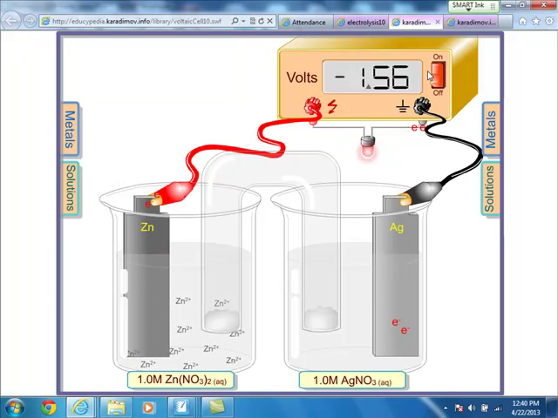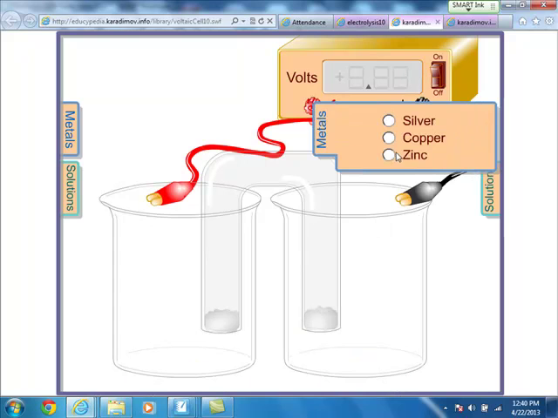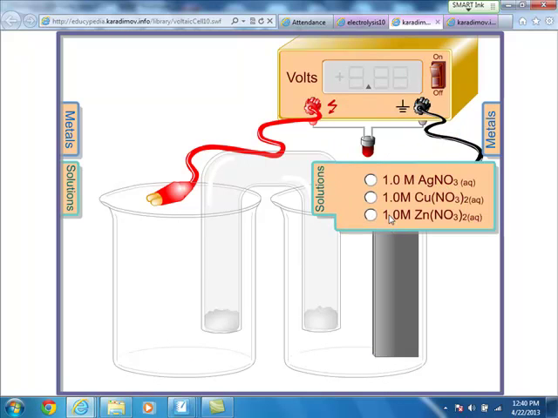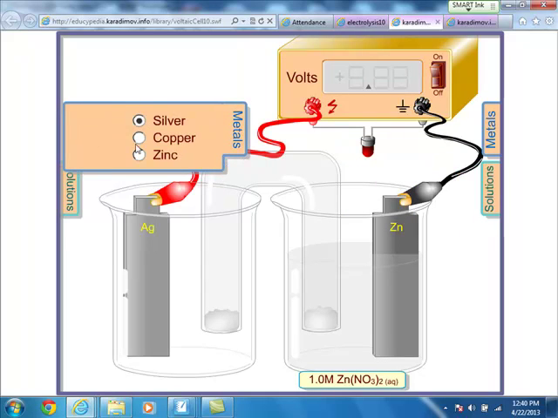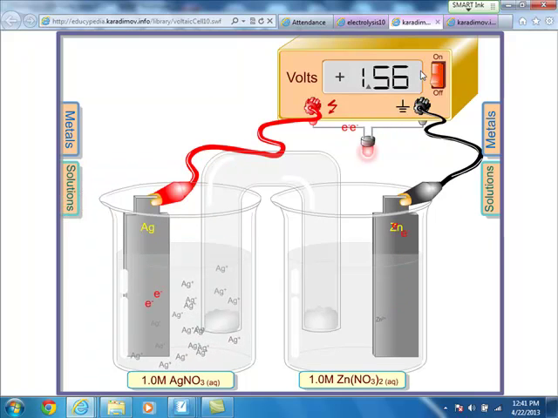Why is it negative? Why is it negative? Why did it want that?